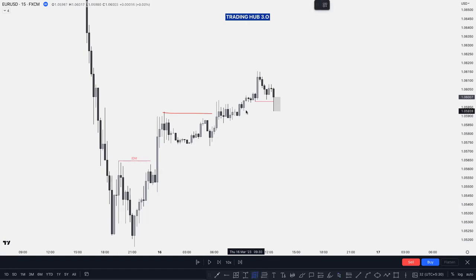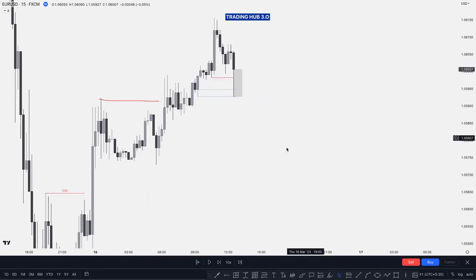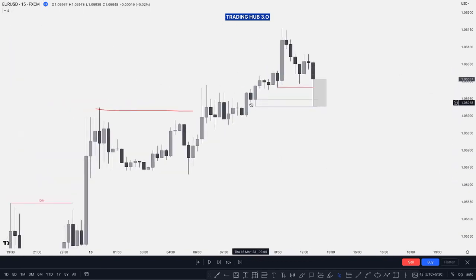Okay. So right now, this is our first POI here, based on the candlestick, the previous liquidity. This candle liquidity taken out by this one here, right? So this is our POI. But you don't need to buy here directly. Why?